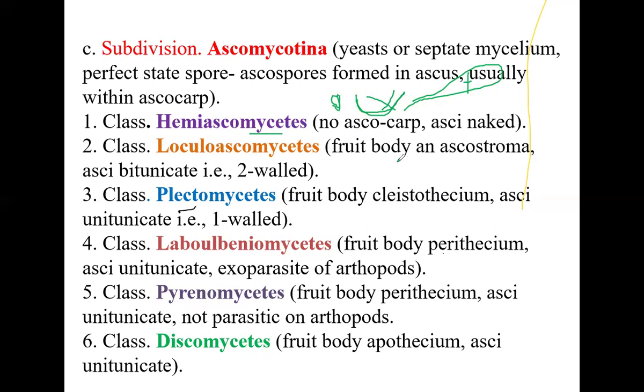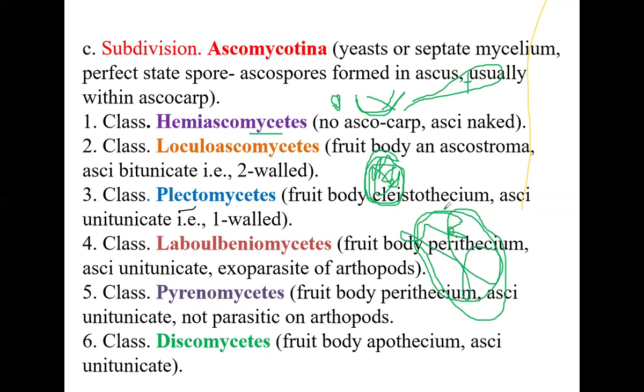If the fruiting body is an ascostroma, that means pseudothecium, that is grouped in Loculoascomycetes.